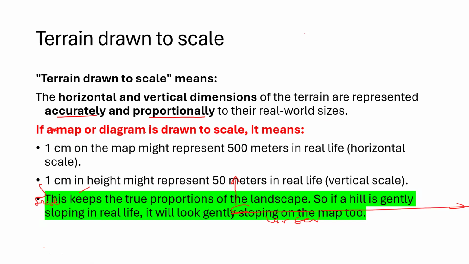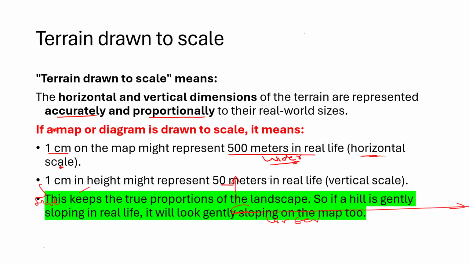So if a map or a diagram is drawn to scale, it means that, for example, 1 centimeter on the map might represent 500 meters in real life. That is the horizontal scale, which is much wider. But 1 centimeter in height might represent 50 meters in real life.